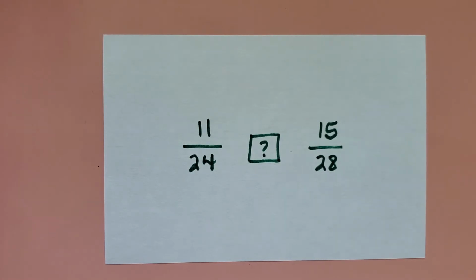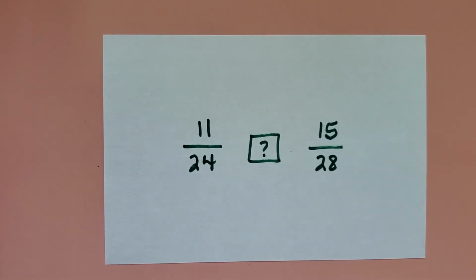So here's an example: 11/24 and 15/28. If you take a look at each of them, they are not close to 0, they're not close to 1, but they are both somewhere close to the middle, 1/2. So think about half of 24 would be 12.